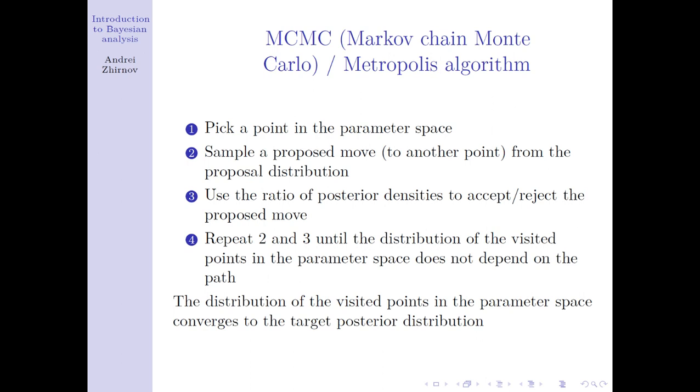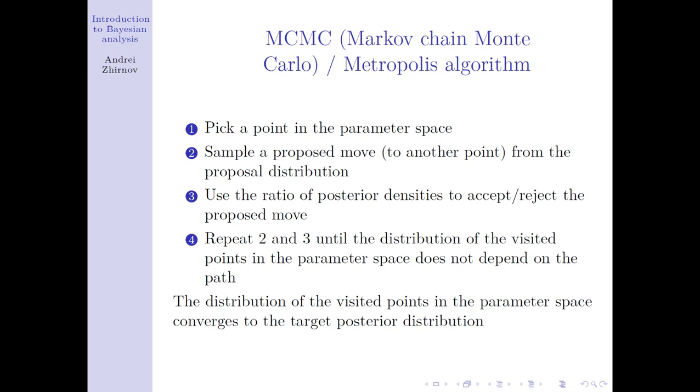To run Markov chain Monte Carlo, the computer or the user picks a point in the parameter space, a particular combination of parameter values. Then the user or the computer specifies a rule according to which we should move from that particular point in the parameter space to a different point in that space.